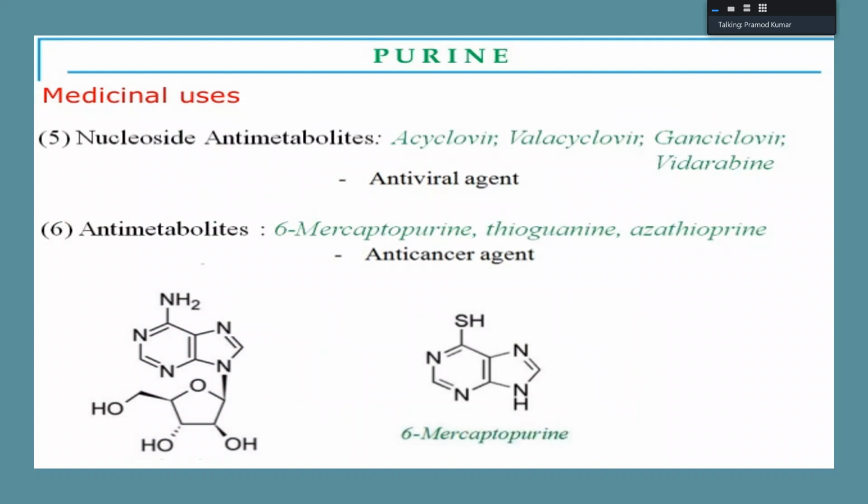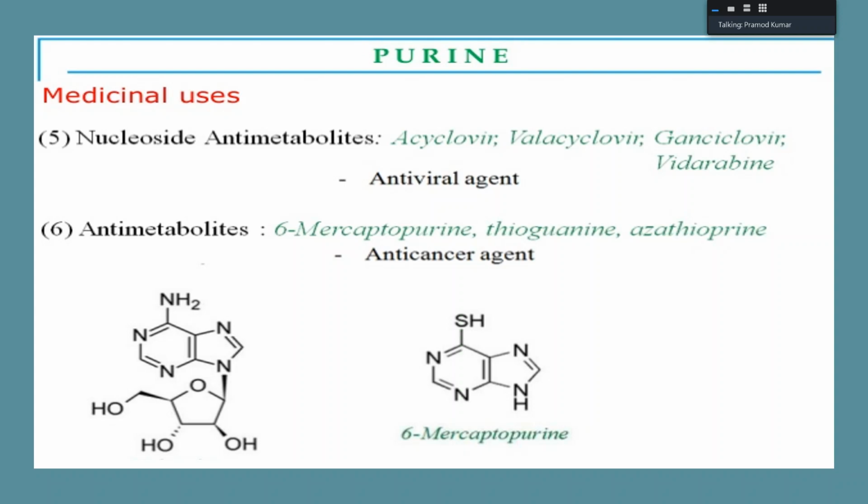Medicinal uses, it is used as an antimetabolite, 6-mercaptopurine, anti-cancer drug, as I said. Then antiviral drugs. All your antimetabolites contain your purine or pyrimidine analogs. Okay, these are some of the examples.